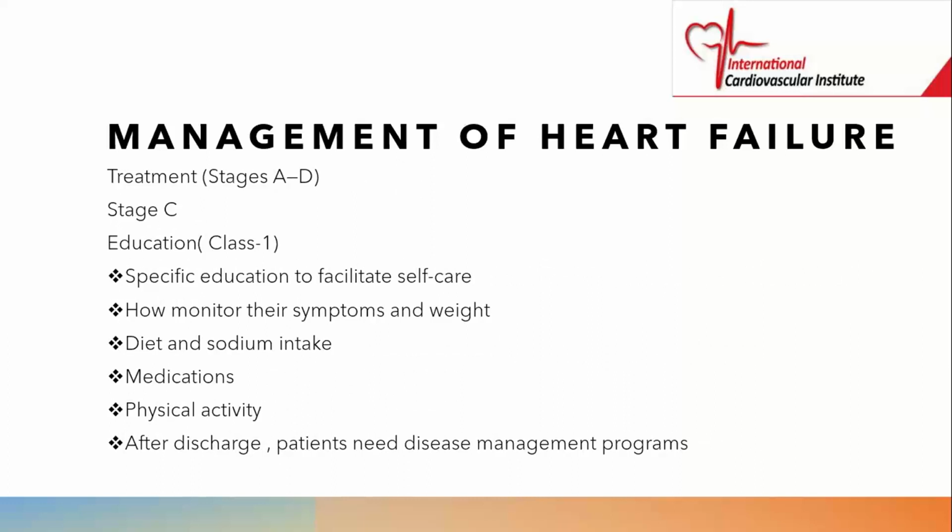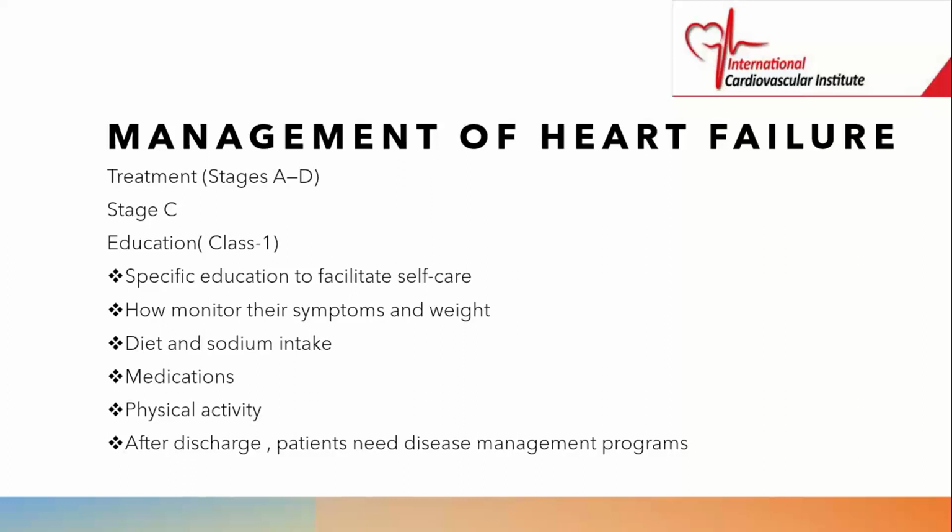So now we're going to move on to our stage C heart failure patients. So we look at stage A, we look at stage B. Stage A and B are asymptomatic patients. For stage A patients, all they have is the risk factors for the development of heart failure. Stage B are patients with structural heart disease, still asymptomatic.